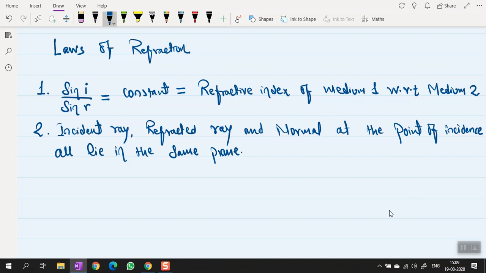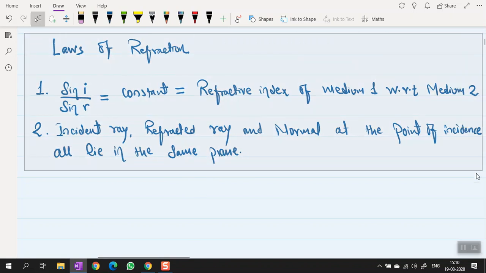Now, this second law is very much similar to the second law of reflection. There's just one difference: there was reflected ray in the laws of reflection; here it is refracted ray. But the first law is entirely different, and we need to talk a lot about this first law.